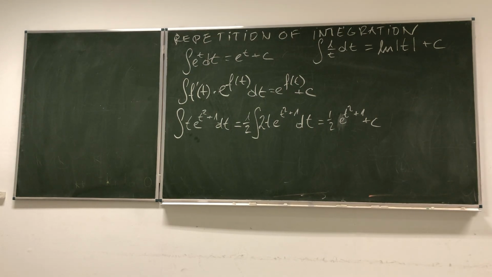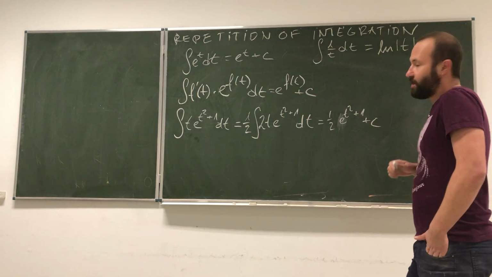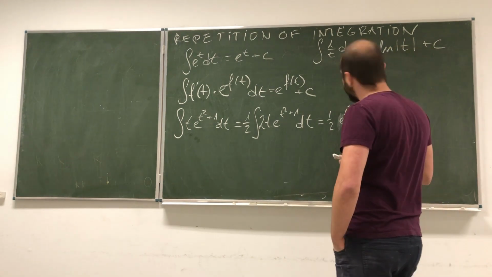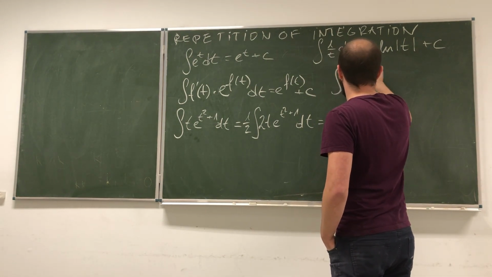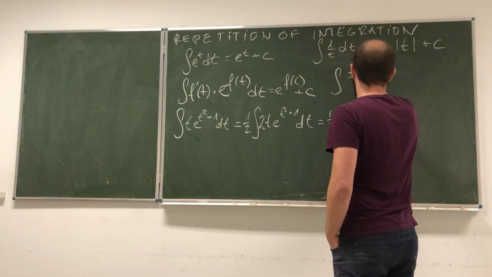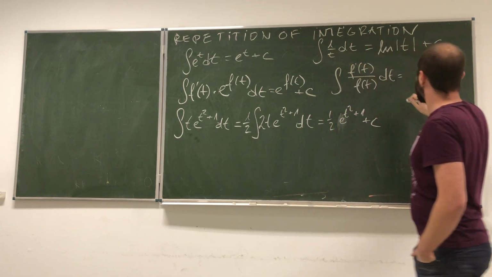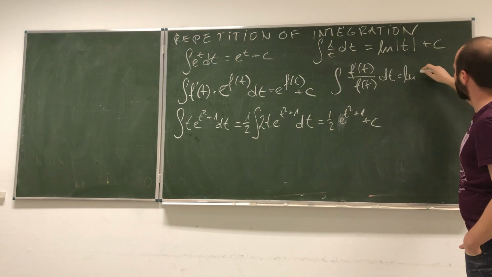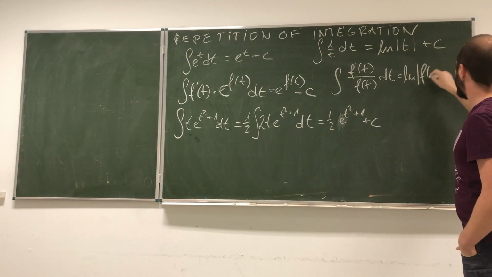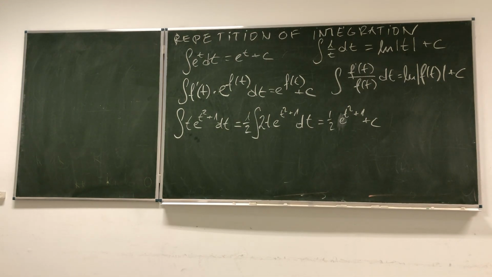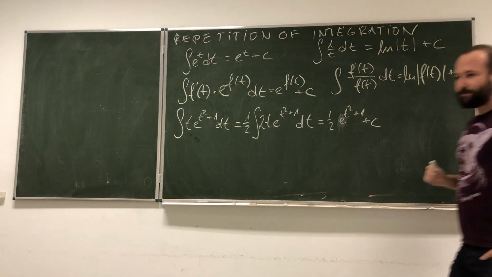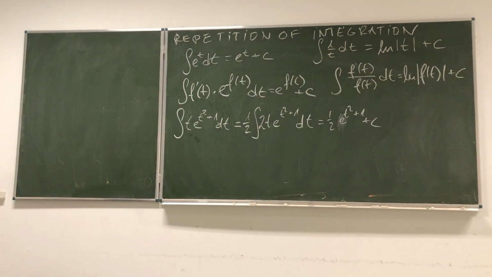Okay, and of course we need the more general formula for logarithms, and we get that the integral of f prime of t over f of t dt is equal to natural logarithm of f of t plus c. Okay, again, let's make an example over here.